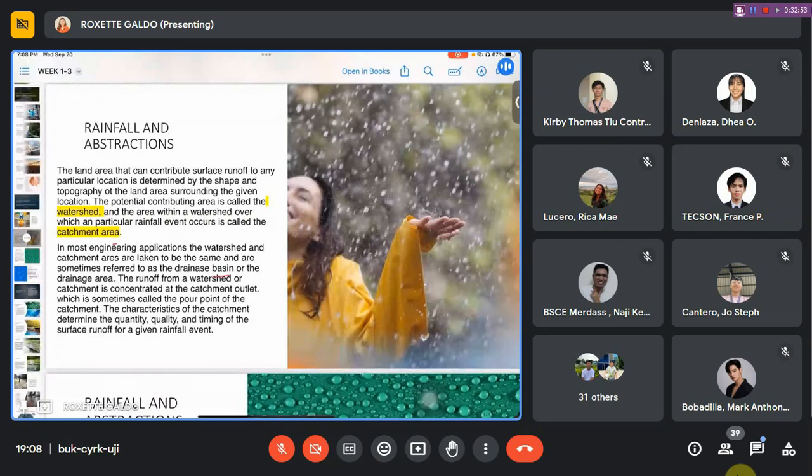However, we have another word that is used interchangeably with watershed: the catchment area. A catchment area is an area in the watershed over which a particular rainfall event could potentially happen. If we mean watershed, it is a large area; the catchment area is a part of the watershed where it can rain.